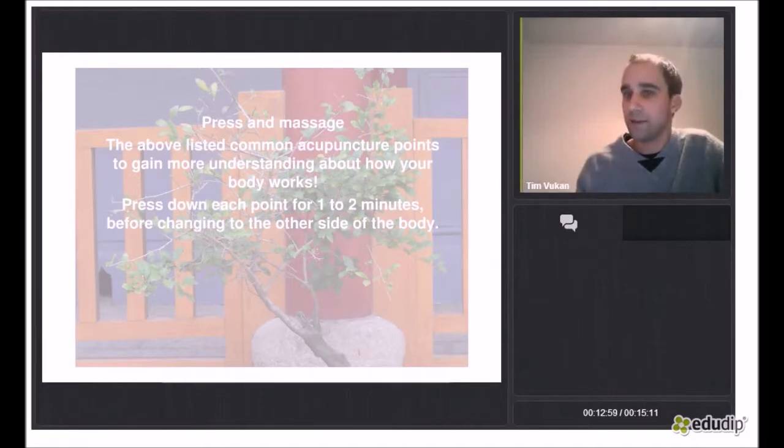Gaining more understanding about our body is also a gateway to gaining more health in our daily life. The meridian system, which I introduced to you today with a very basic introduction in this lecture, is one way of gaining more insights into our body, on how it works, on how we are able to apply ancient theories coming from Chinese medicine to get more understanding about how we are able to balance ourselves.